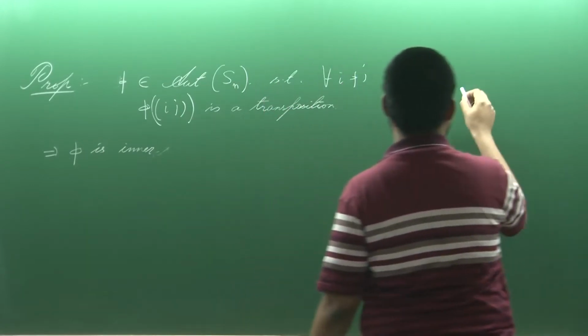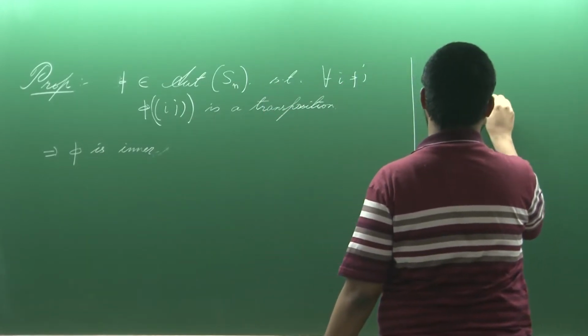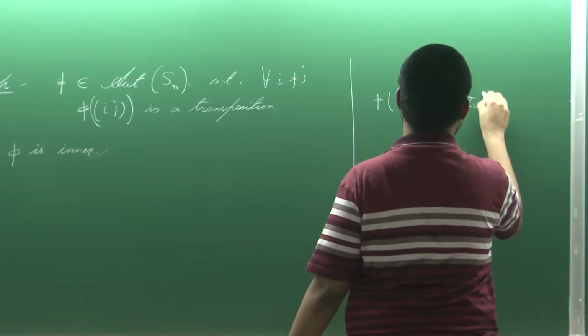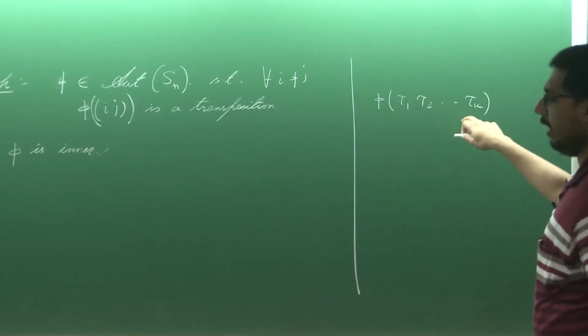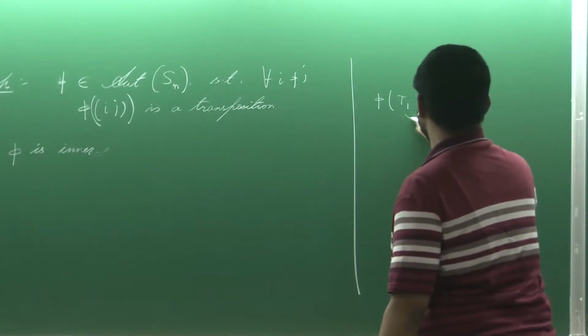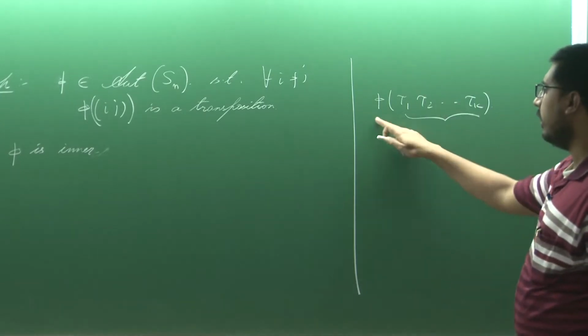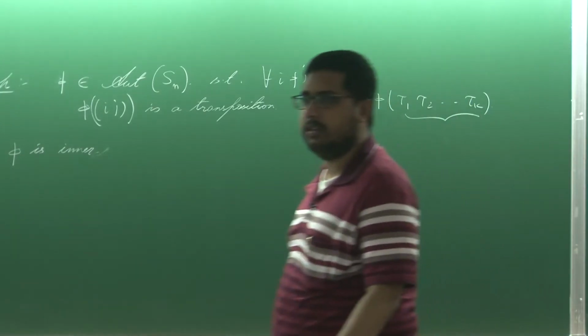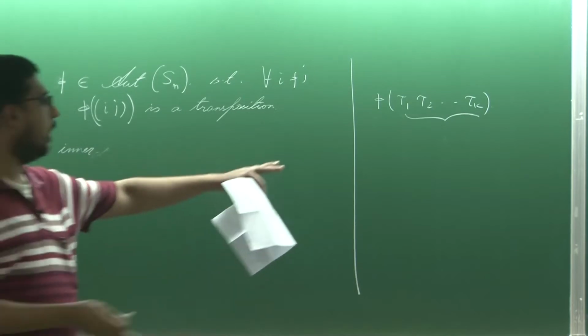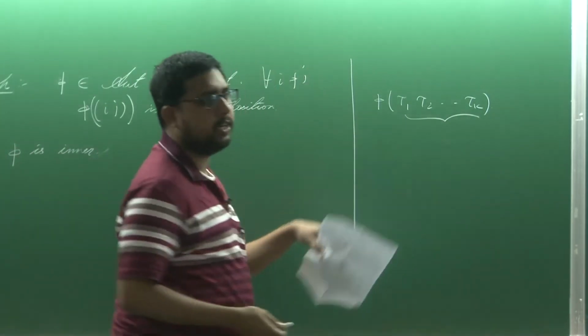Before we start the proof, let us observe the following. Suppose we are given disjoint transpositions tau 1 up to tau k, and we take their product. This permutation has order 2, therefore when we apply phi to it, the image is again going to have order 2.